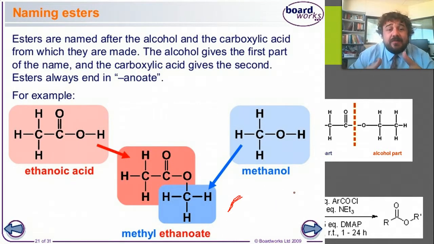The way we name them is they're named after the alcohol and the carboxylic acid they're made from. The alcohol gets the first part of the name, even though we always draw it on the end. The second part is the alkanoic acid, and we get rid of ANOIC and replace it with ANOATE. So you name the alcohol part first, then the alkanoic acid part, and you make it OATE at the end.